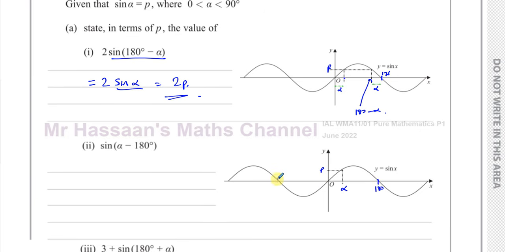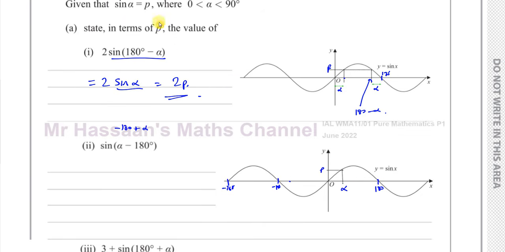This is minus 180, and this is minus 360, and so on. Now, what about alpha minus 180? Basically you're at alpha and you have to go back 180. This is the same as minus 180 plus alpha. So minus 180 plus alpha will be over here.